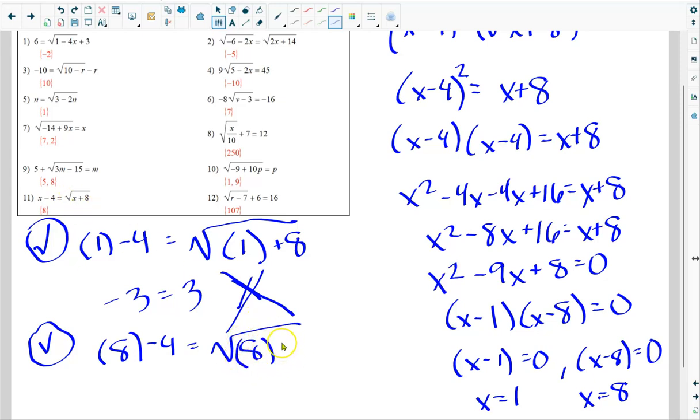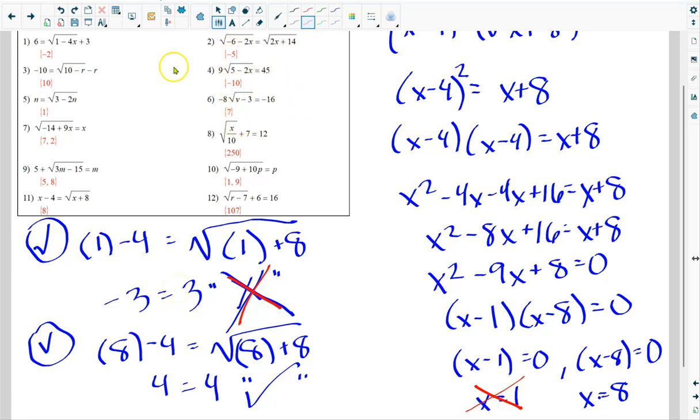Every time I substitute, parentheses. This gives me 4, this gives me 16, square root of 16 is 4, and it does check. Good, bad, extraneous solution. You are gonna have to check, people.